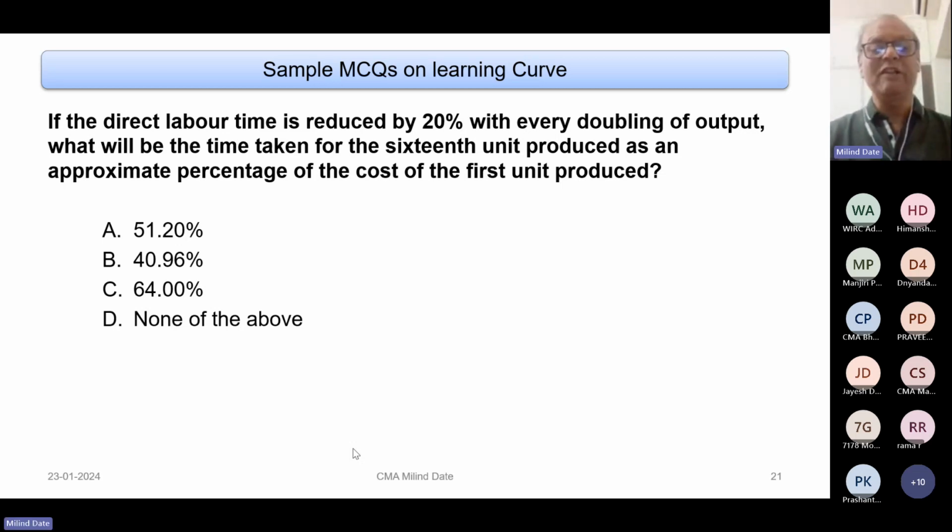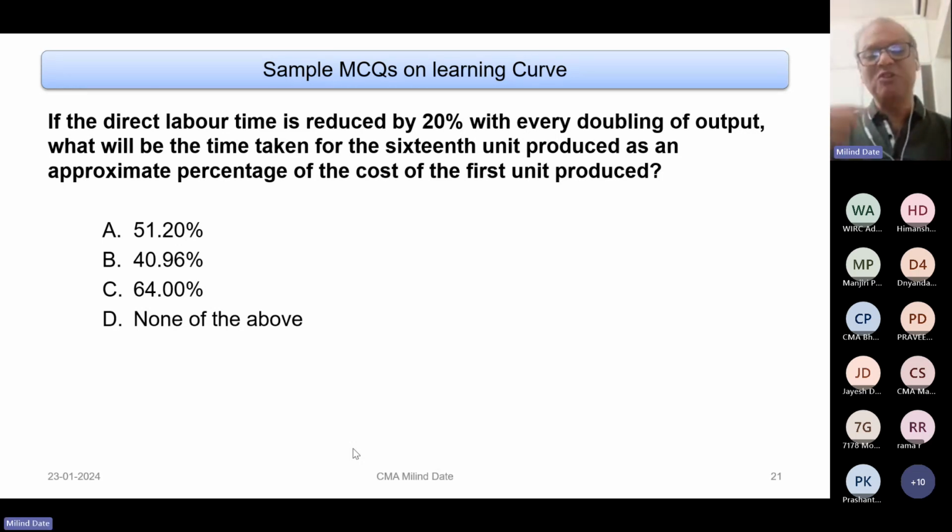Once you double the output, that means 2 units, the second unit will take 80% because of 20% time reduction. So 80% of 100, which is 80. You double the output from 2 to 4. Now 80% of 80, which is 64. You double it from 4 to 8, 80% of 64, which is 51.20.